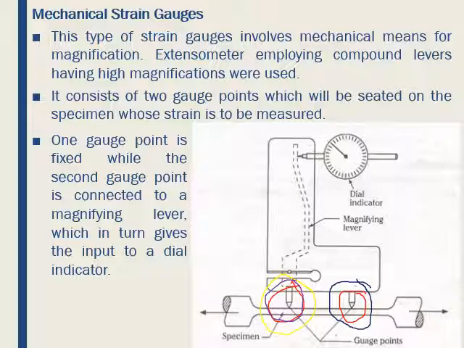It has two gauge points which will be seated on a specimen whose strain is to be measured. One gauge point is fixed while the other gauge point is connected to the magnifying lever. Here we can see this other point is connected to the magnifying lever, which in turn is connected to the dial indicator.